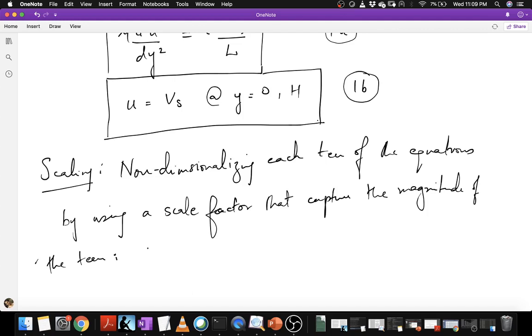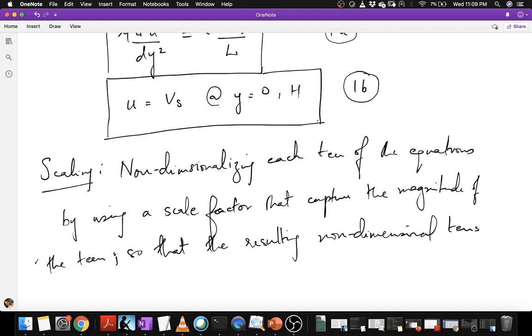And the point of this is that after we scale out the equations, the terms that remain are non-dimensional, and we want those non-dimensional terms to be small o of 1.